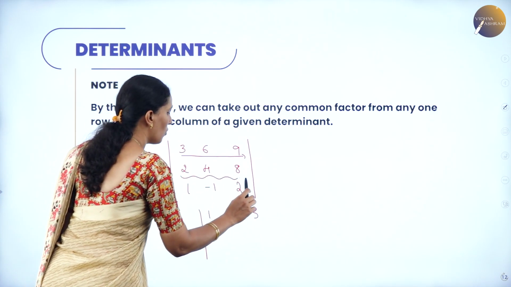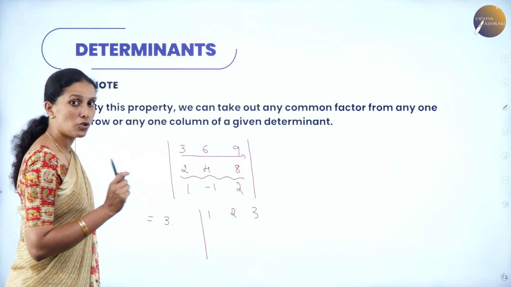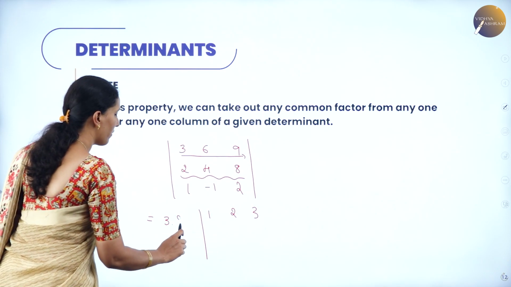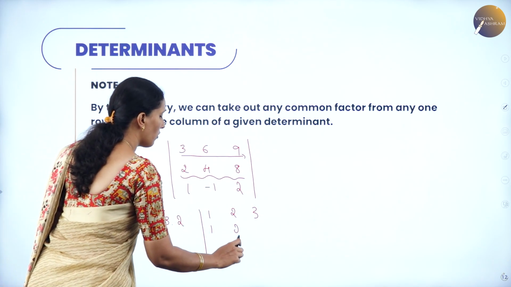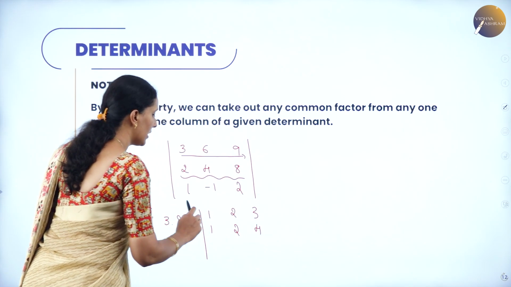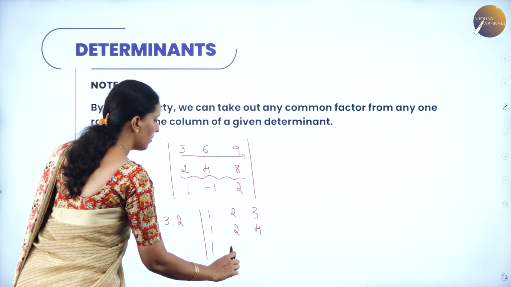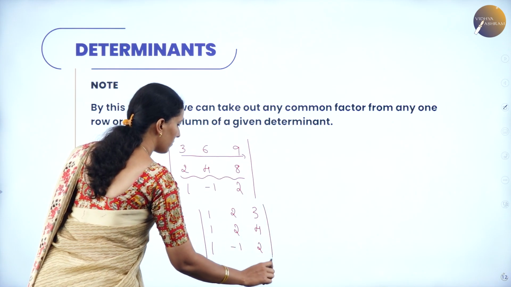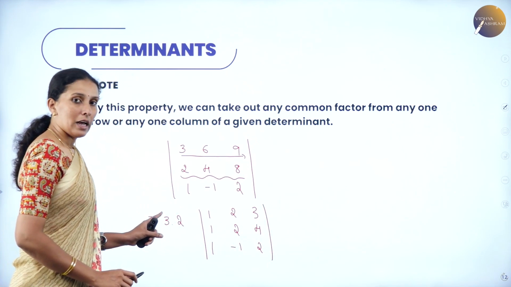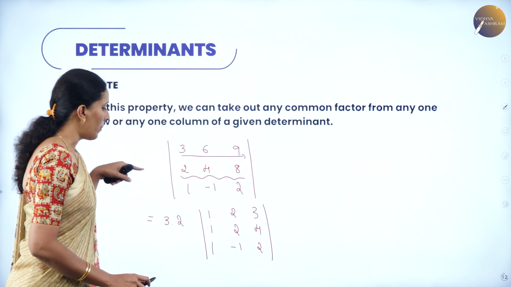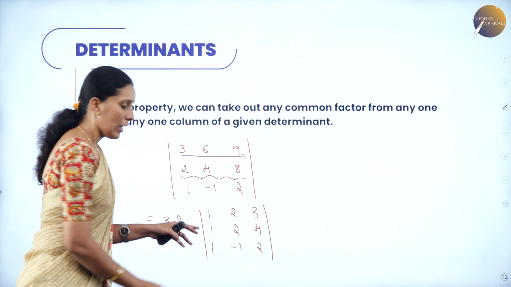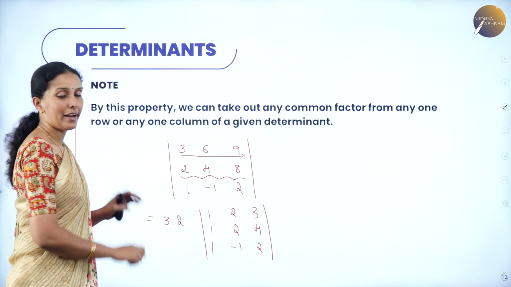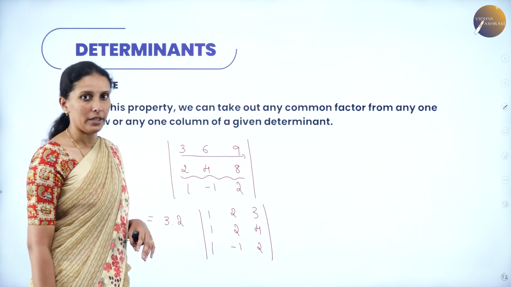In the second row also there is a common factor, that is 2. So we can take 2 as a common factor. It becomes 2 1s are 2, 2 2s are 4 and 2 4s are 8. And here we have 1, minus 1, 2. Therefore, I can take any number of common factors from any rows or any columns here. And now expanding this, we can find directly the value of the determinant.